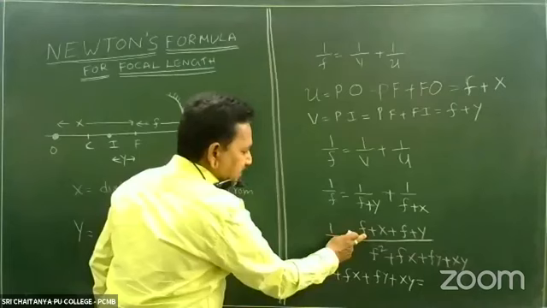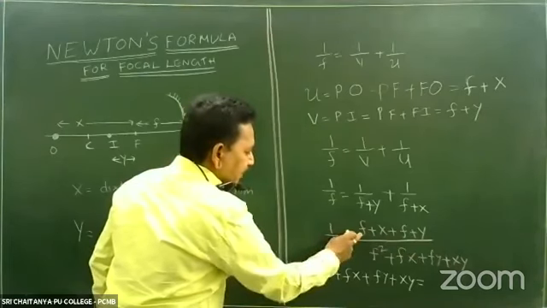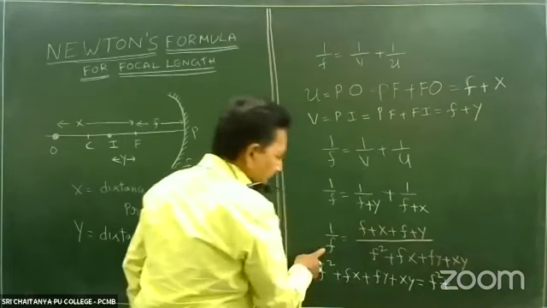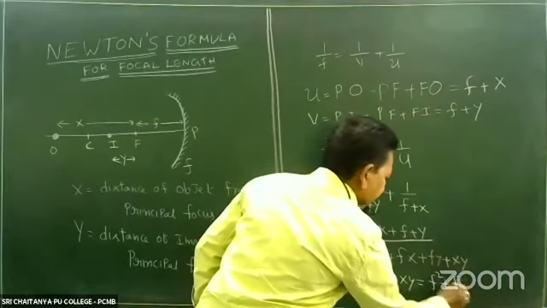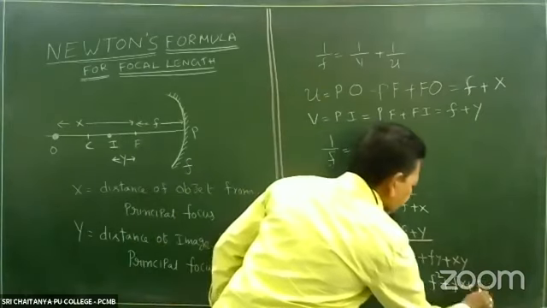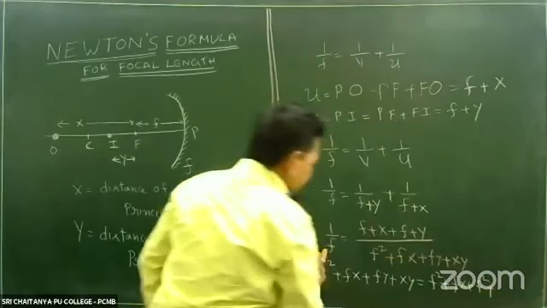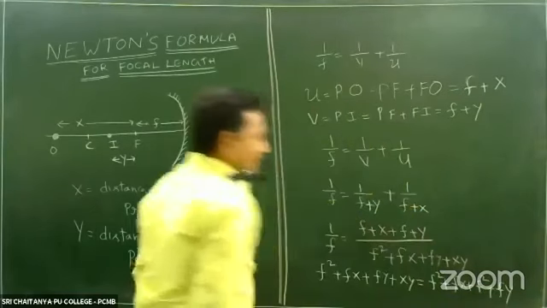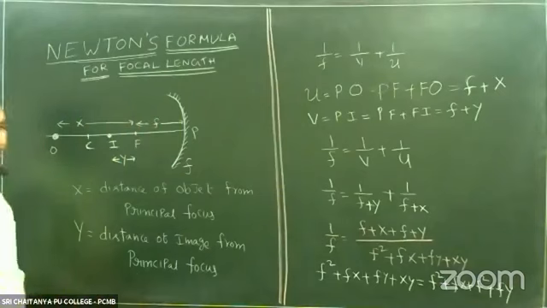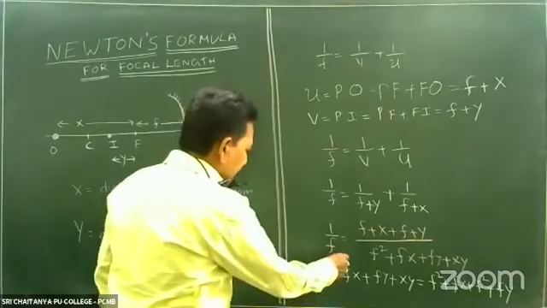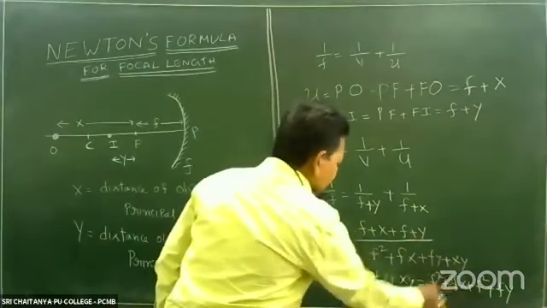Multiplying f into (f plus x) gives f square plus fx, plus f into (f plus y) gives f square plus fy. Taking the LCM and doing the cross multiplication, then cancel the terms. If I cancel the terms, f square cancels.